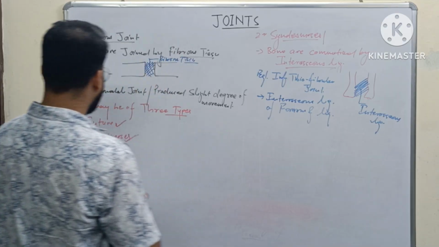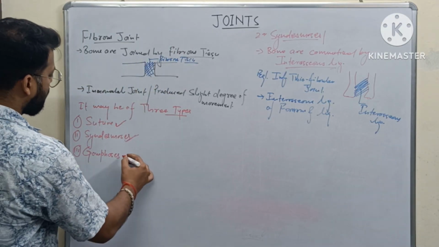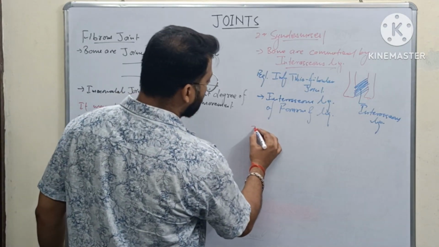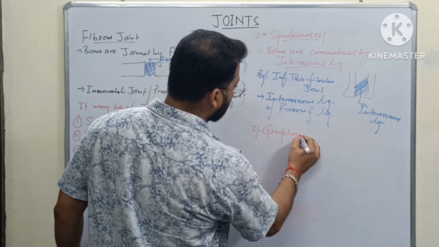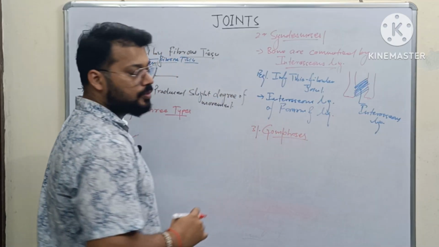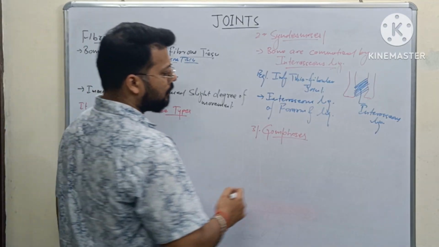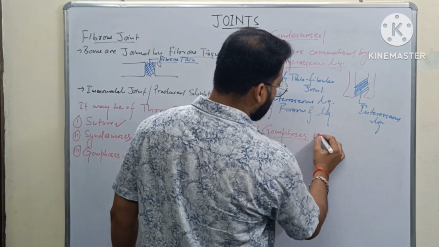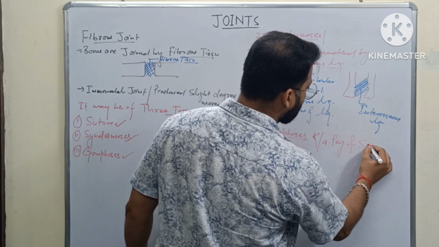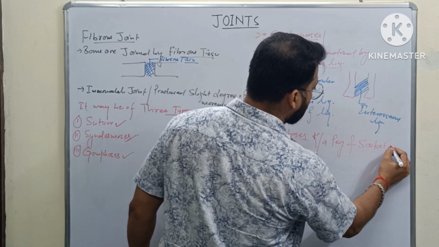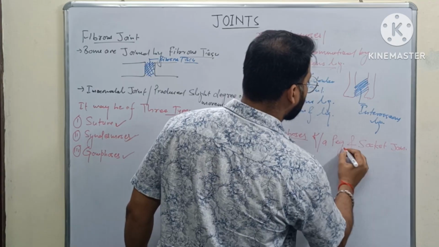Now the third type of fibrous joint is gomphosis. It is also known as peg and socket joint.